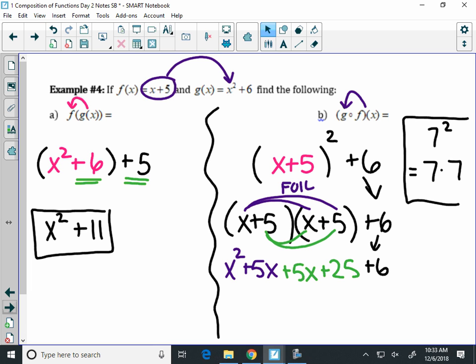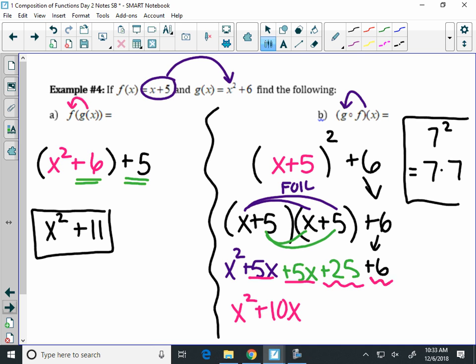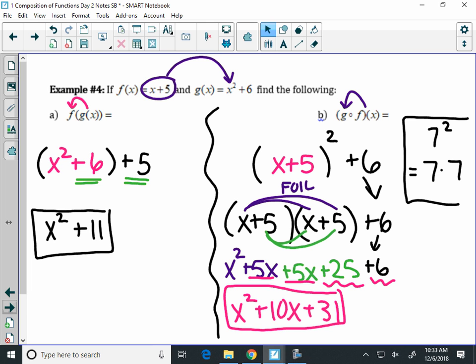So all we have to do now is combine like terms. The 5x's combine to give you x squared plus 10x, and then 25 plus 6 is 31. So that problem has a little bit more involved in it, but as long as you can substitute correctly and remember that you're going to have to multiply and distribute, you'll be okay.